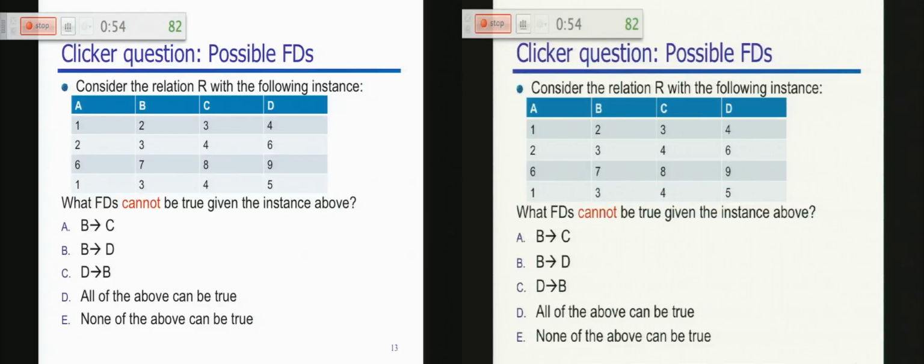Right, a few more seconds. Okay, so we need to convince 30% of the class that they're wrong. Talk to your neighbors.